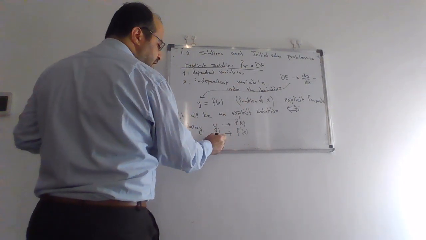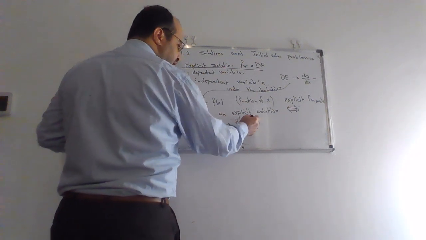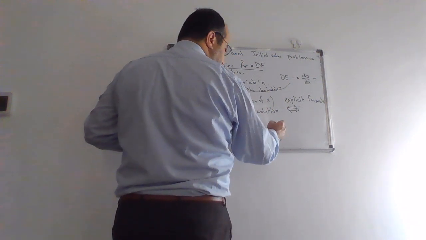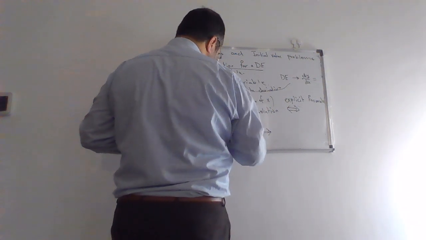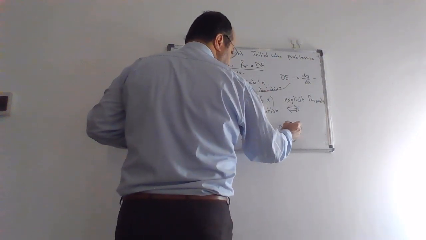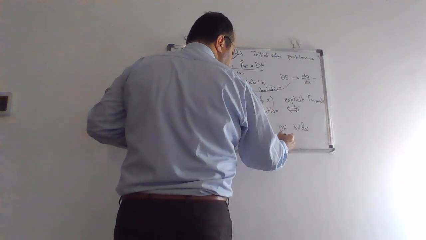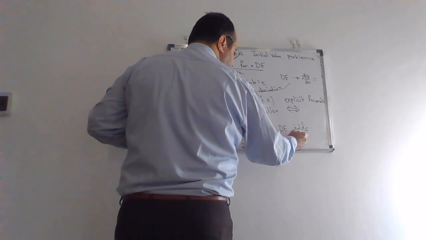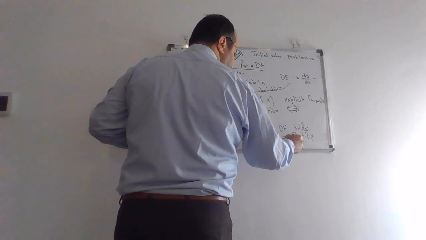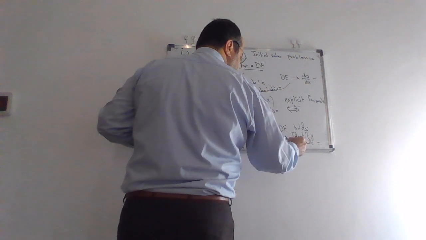All the derivatives are replaced by the derivatives of f. Then you get that the differential equation holds, or gives an identity. Identity means left hand side equal right hand side.